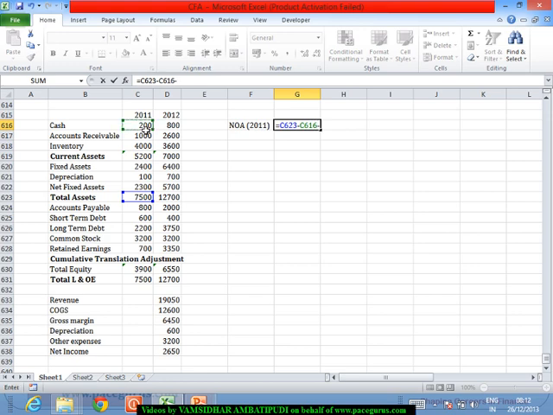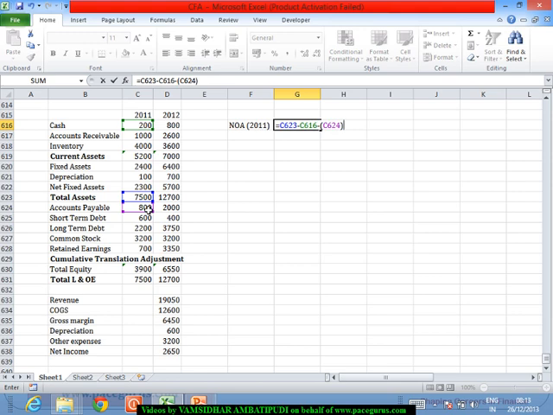And from here, I subtract the total liabilities. From the liabilities side, I will use only the current liabilities. So I will not include long-term debt and short-term debt. So probably I could either take the addition of all these liabilities and subtract short-term and long-term debt, or I can simply subtract this accounts payable, saying this is my net operating assets for the period.